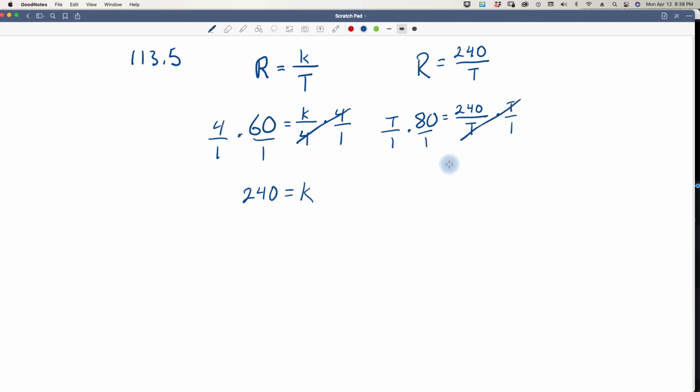Cancels here. So we have 80t equals 240. So if we divide both sides by 80, right, then t is equal to 3 hours. Right? Do we see how we got that?